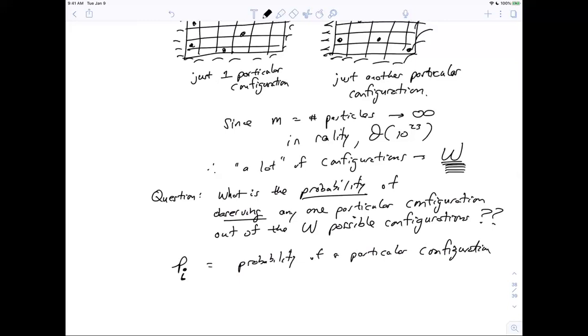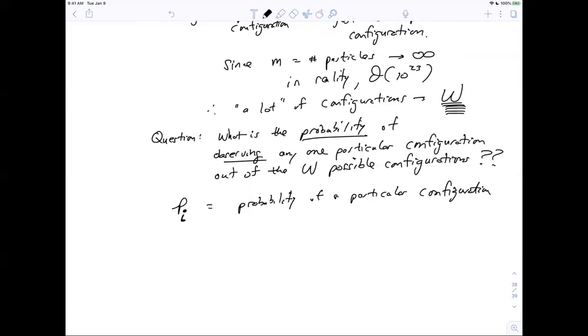The sophisticated word for particular configuration is microstate.